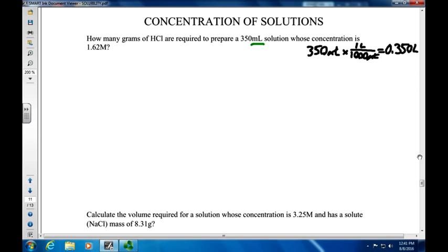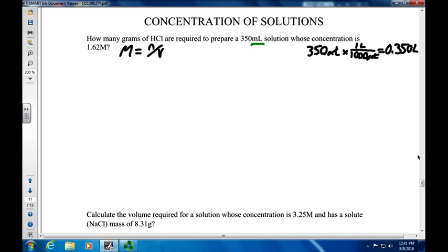So in order to do that, we need to look at our equation for molarity, which is molarity is equal to the number of moles per volume, and the volume has to be in liters. But we have the molarity and we have the volume. What we need is the moles.